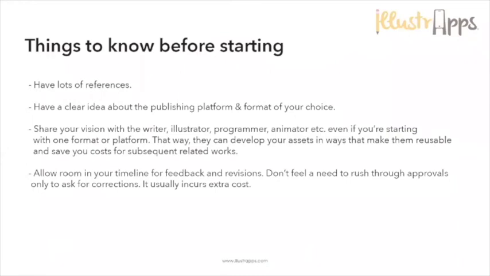Another thing is you need to have a clear idea about the publishing platform and format of your choice. An example is if you're looking to use Amazon's print-on-demand service for your book, then you need to be aware of specific specifications that Amazon gives.